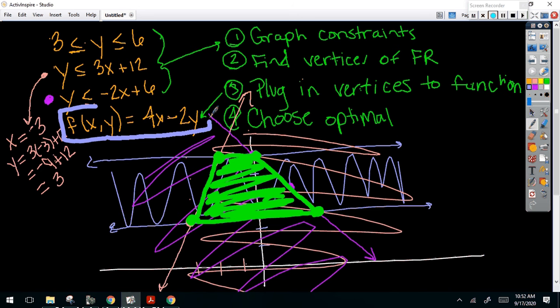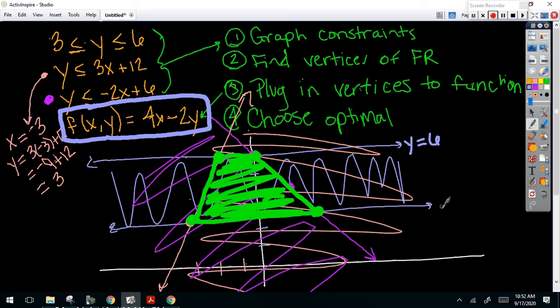The pink line is intersecting with the line y equals 3. Every point on the line y equals 3 has a y value of what? 3. So if you put 3 in for y in this equation, right?